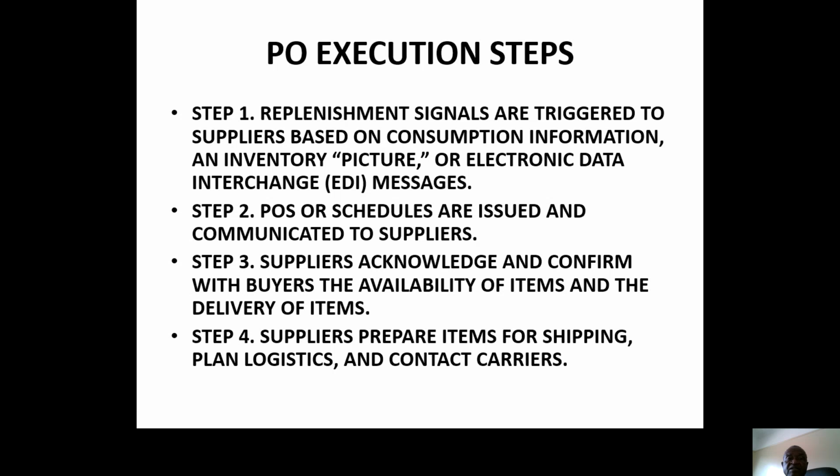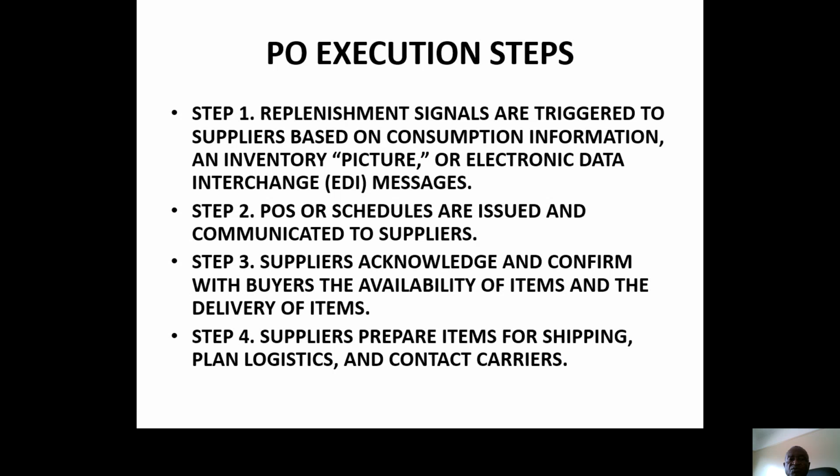Replenishment signals are triggered to suppliers based on the consumption information and the inventory. We have already looked at inventory management. Then there is a link there. Step 2, purchase orders or schedules are issued and communicated to the suppliers.